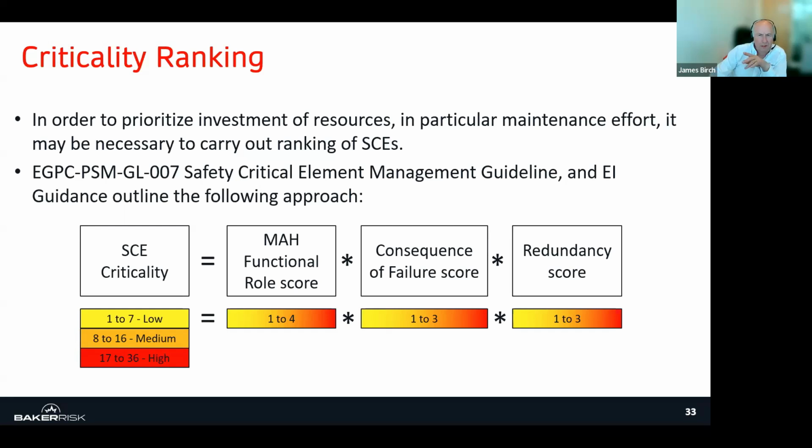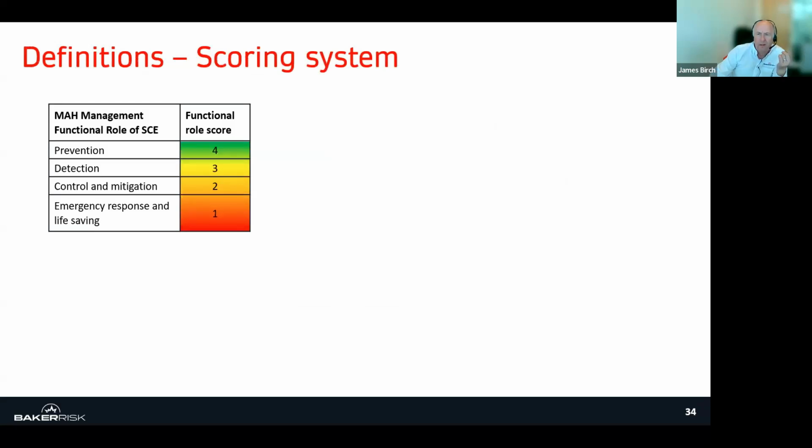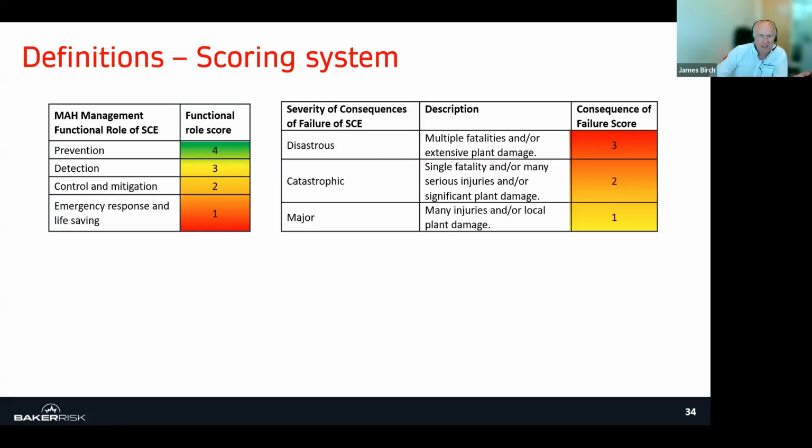So again, just to look at the criticality scoring, the role in a major accident hazard, we want to give high scores to systems that prevent the hazard occurring. The prevention systems are scored much higher than the emergency response. For severity, again, the most severe events we want to give the highest priority to.